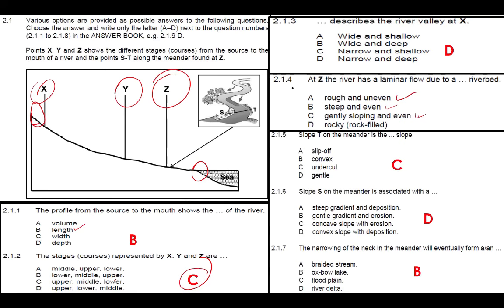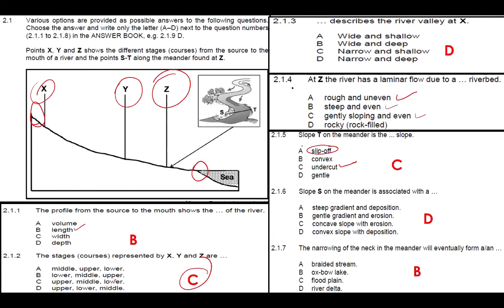Slope T on the meander is the what slope? So you can see slope T here is deeper, showing that there is more erosion at T. There is more erosion at T because water is moving faster at T. So slope T is going to be called an undercut slope, which means the slope S will be called a slip-off slope.